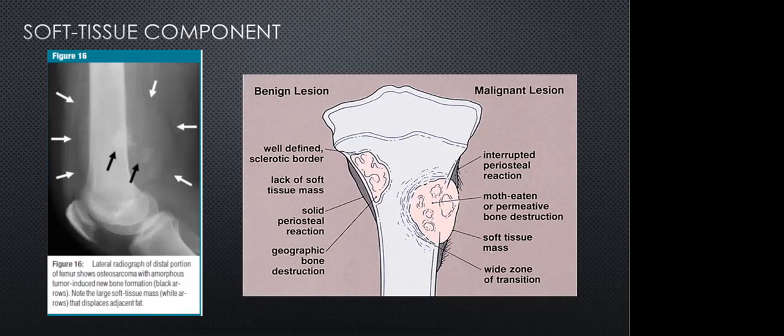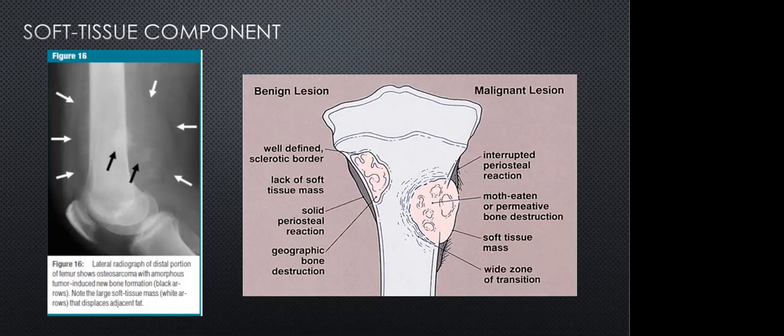Por outro lado, uma interrupção do periósteo, uma interrupção da cortical, uma reação periosteal em forma de triângulo de Codman, multilaminada, casca de cebola, ou perpendicular, como os raios de sol, nos falariam mais em favor de lesões malignas, assim como a presença de massa em partes moles e a zona de transição irregular.